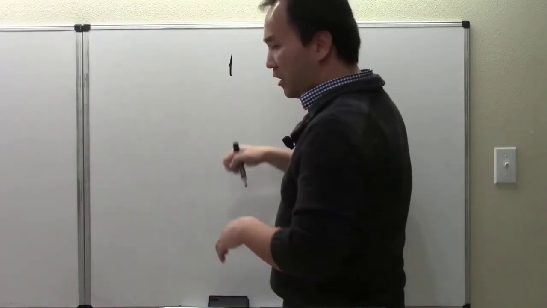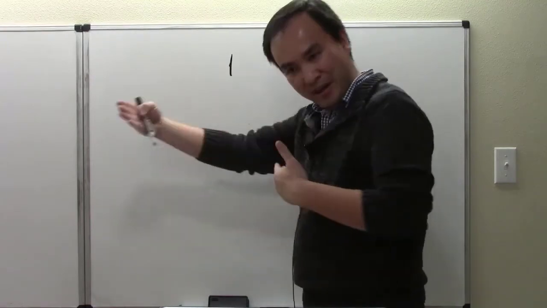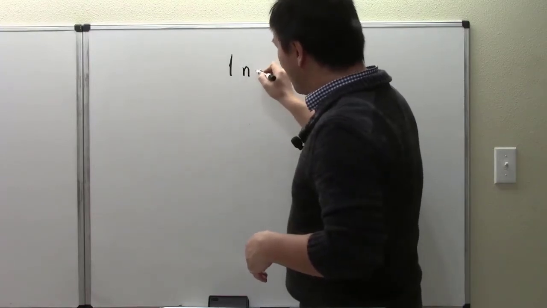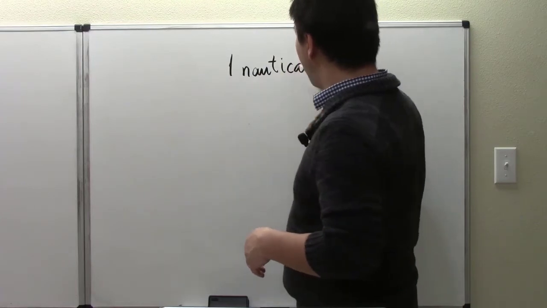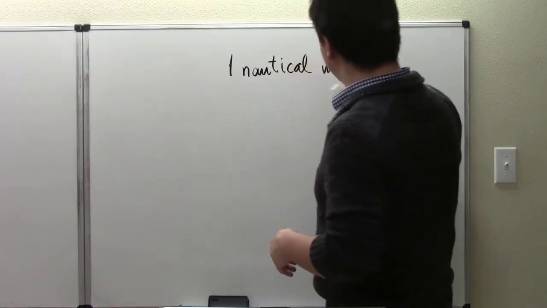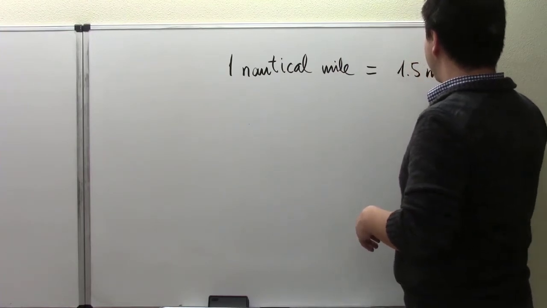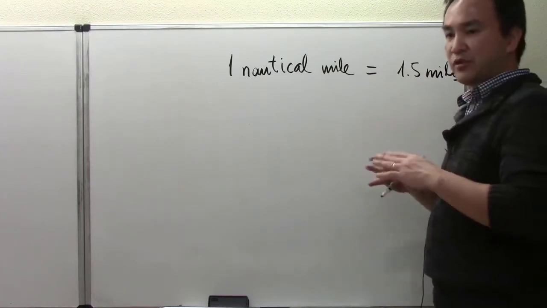When we are traveling by car on land, everybody knows how long 1 mile is. On the ocean, the sailors are using 1 nautical mile, but truthfully it equals approximately 1.5 miles.